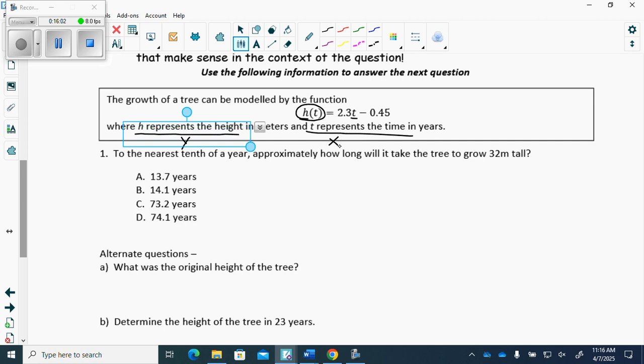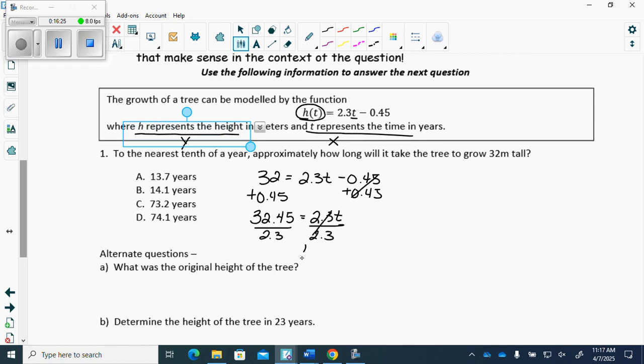So we could actually solve this one algebraically if we wanted to, because that's the height. We could add 0.45 to both sides. And we'd have 32.45 equals 2.3t divided by 2.3, and t equals something.